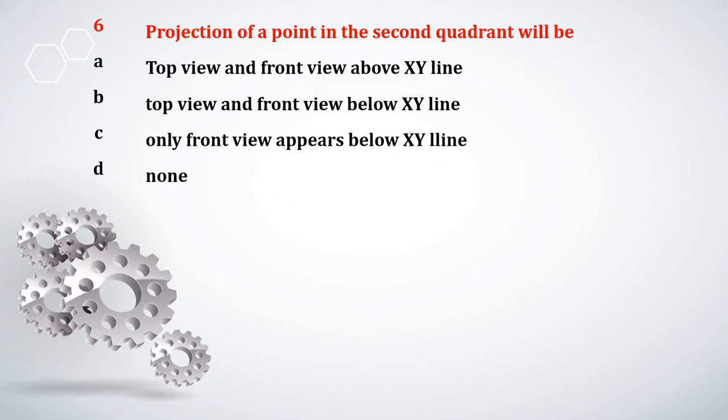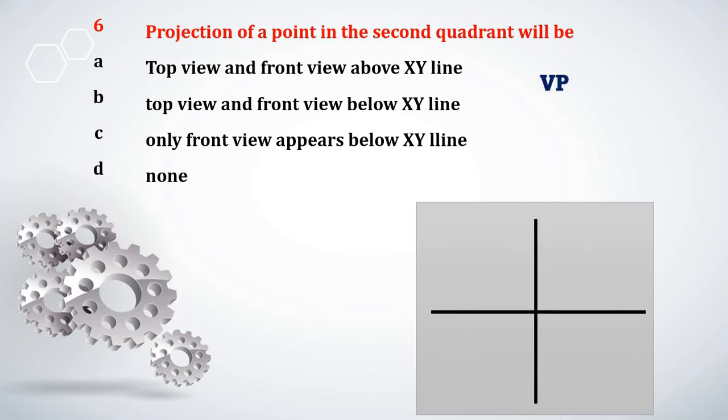Question 6. The projection of a point in the second quadrant will be: option A, top view and front view above XY line; option B, top view and front view below XY line; option C, only front view appears below XY line; and option D, none of the above. Again, if we solve this for the second quadrant, you can observe that this point A is lying in the second quadrant, and we extend the projections of point A, so the front view will be obtained on the vertical plane and the top view on the horizontal plane.